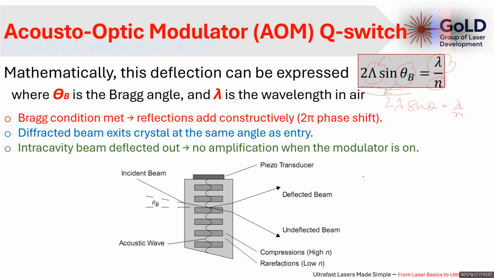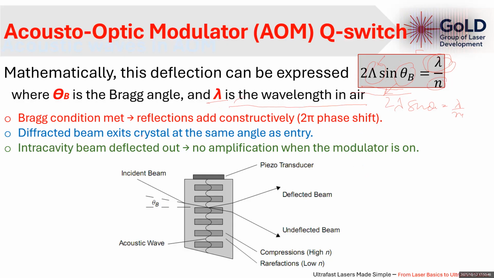Okay, what is the difference between these two? You can see here, this one which is mentioned here is the wavelength in the air. And the other one is the wavelength in the crystal.